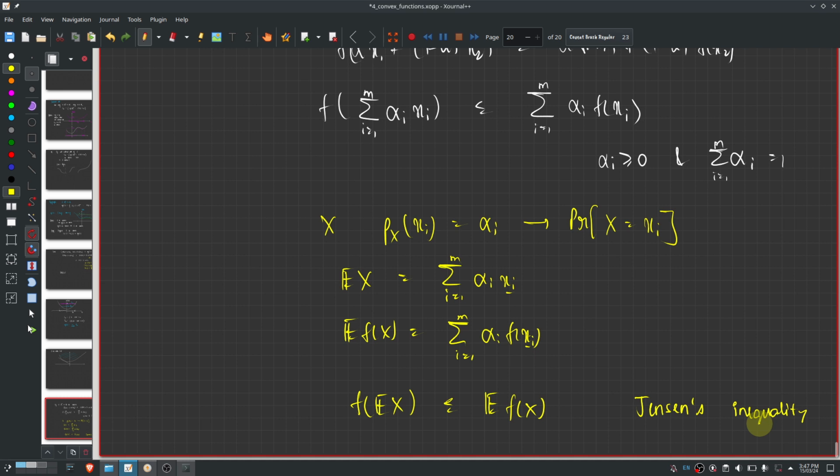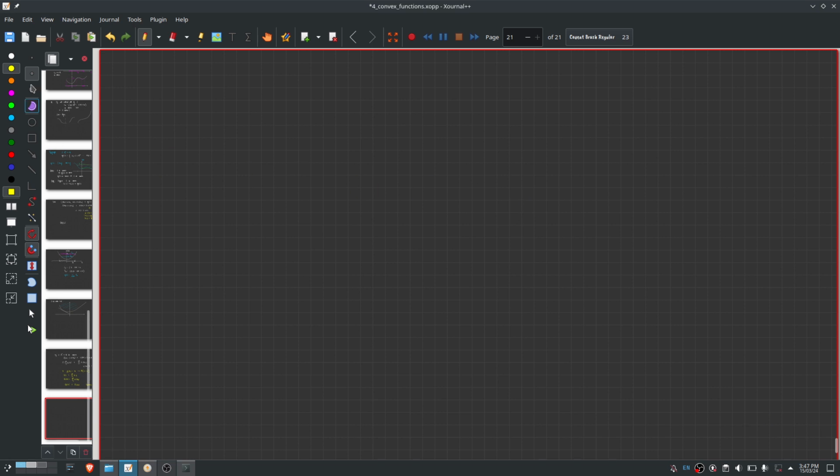In fact, just using these, you can prove results which are totally unrelated to even information theory. For example, let's suppose that I want to prove the AM-GM inequality. What does the AM-GM inequality say? What is the geometric mean of two numbers?